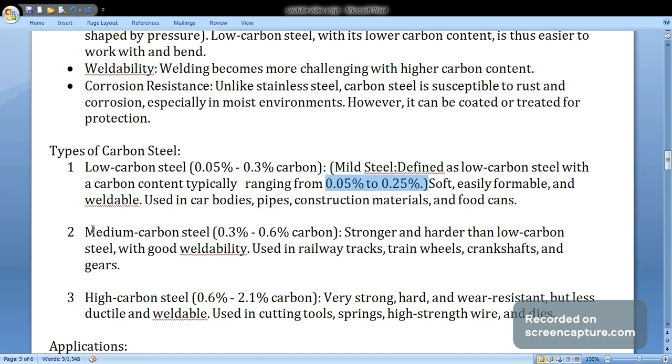Second is medium carbon steel, 0.3 to 0.6% carbon, stronger and harder than low carbon steel, with good bendability. Medium carbon steel is used in railway tracks, train wheels, crankshafts, and gears.